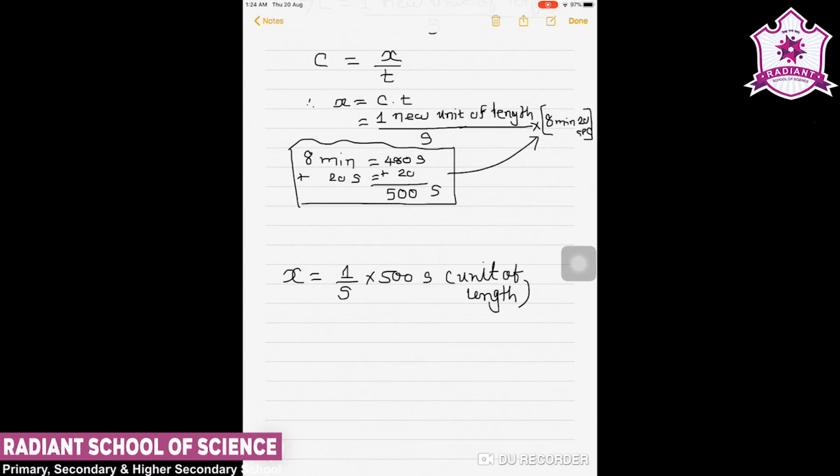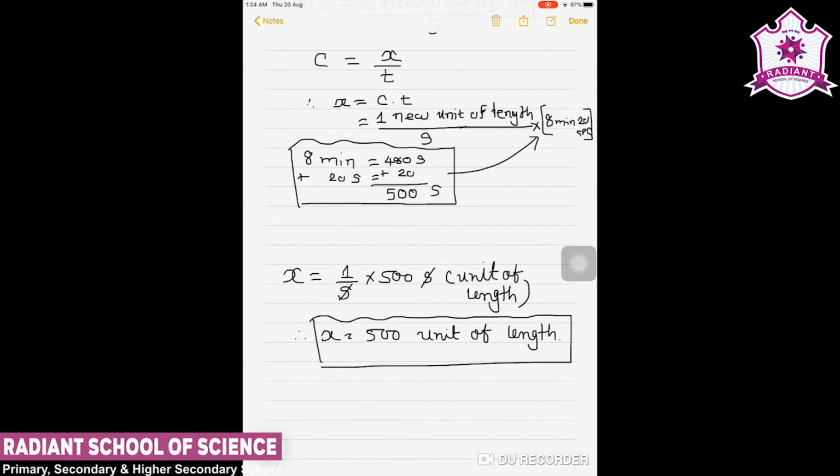So here the seconds will cancel each other, and therefore this x will be 500 units of length. So in this manner we can find out the new unit of distance between the earth and the sun.